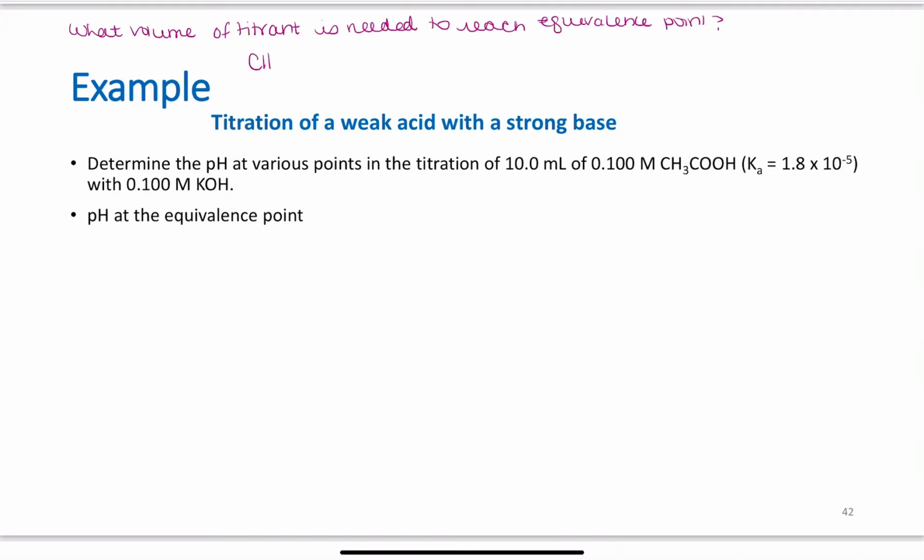Acetic acid is a monoprotic acid. KOH can pull off 1 proton.